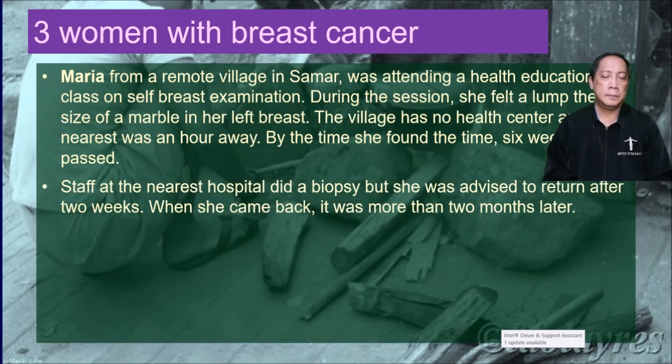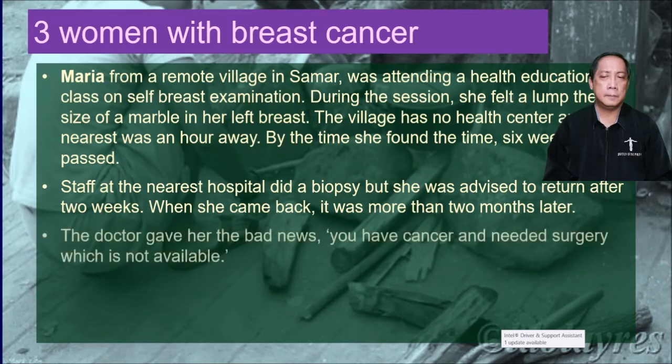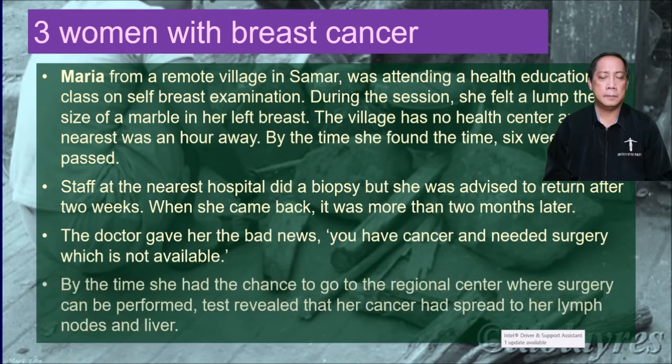When she came back, it was more than 2 months later. The doctor gave her the bad news: you have cancer and need surgery, which is not available. By the time she had the chance to go to the regional center where surgery can be performed, tests revealed that her cancer had spread to her lymph nodes and liver. So that's Maria.